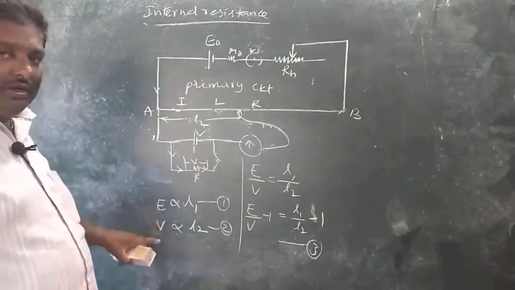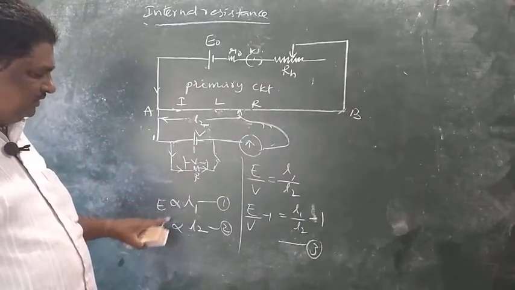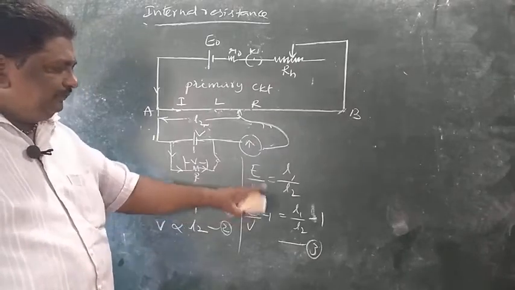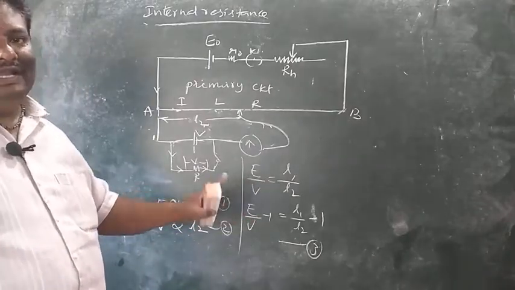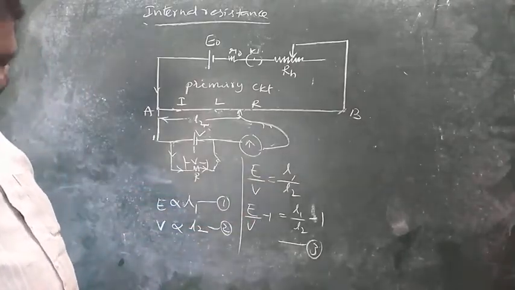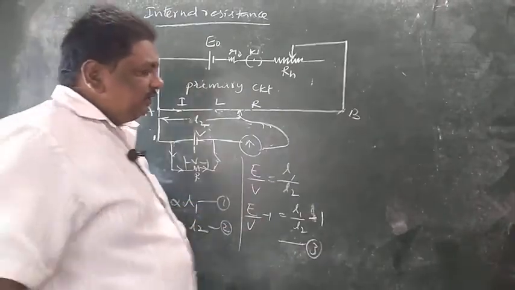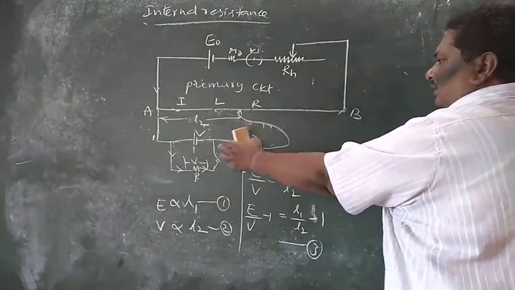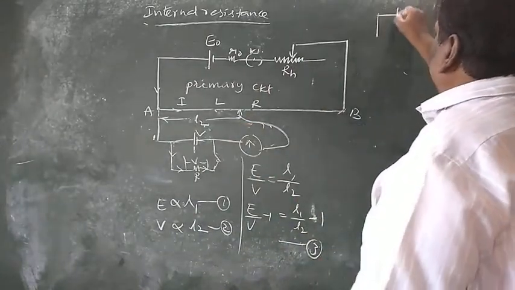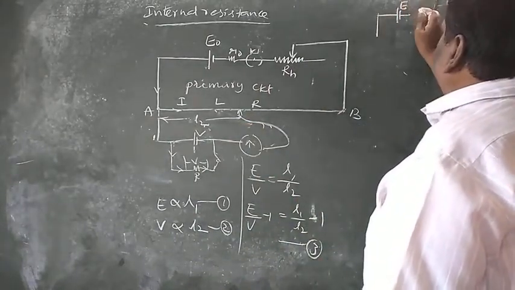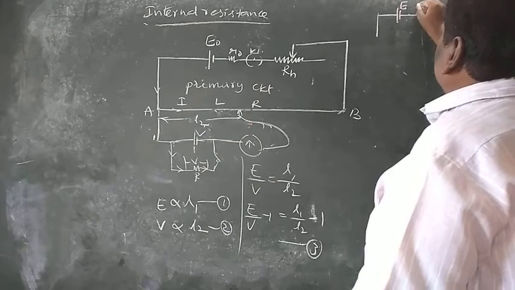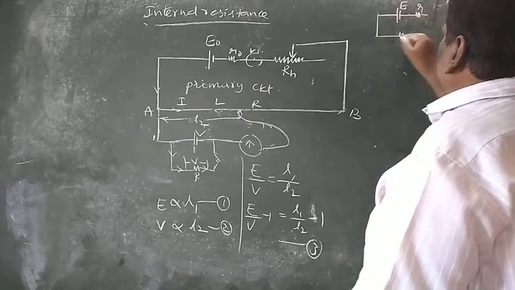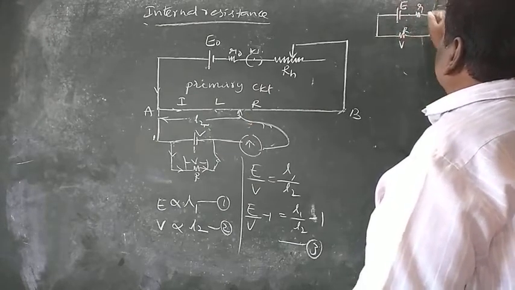I take the ratio of these two equations, E by V is equal to L1 by L2, and both sides I just subtracted 1. Nothing wrong here. But consider this circuit alone: it has the EMF, its internal resistance, and the external resistance.